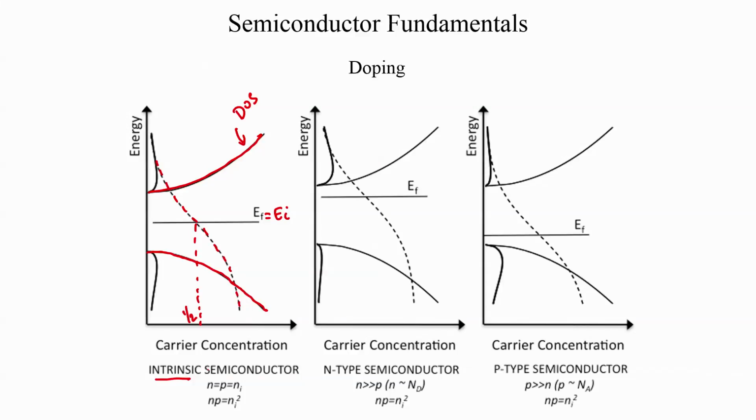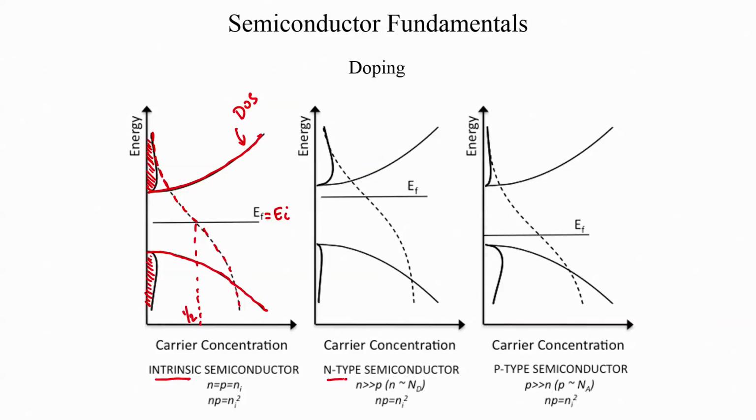And we already saw that the electron count was basically the product of the density of states in the conduction band and the probability of finding carriers in these states. So that was my electron count, which is this product, and that is the hole count. Now, by doping, what we have done is, if we dope it n type.